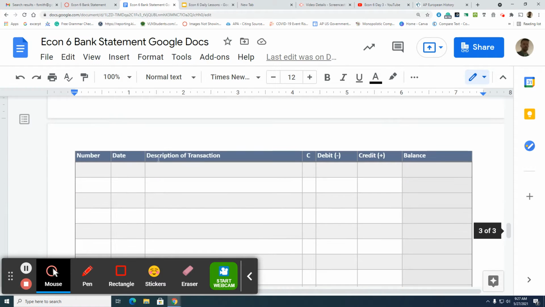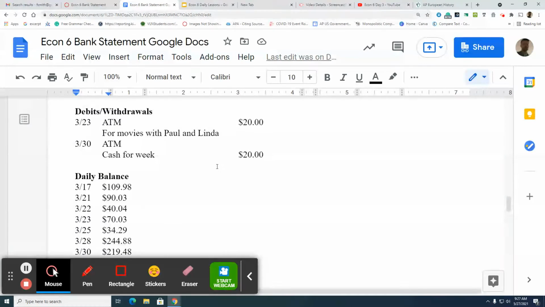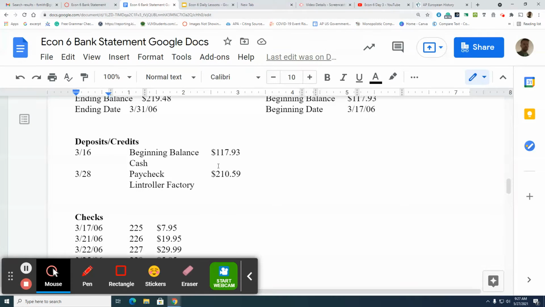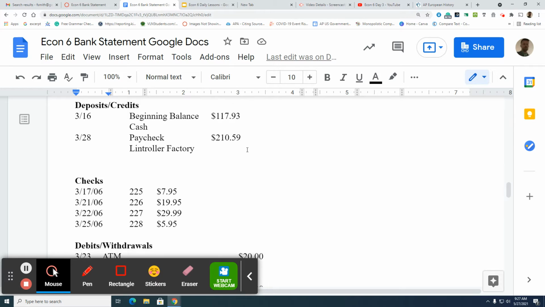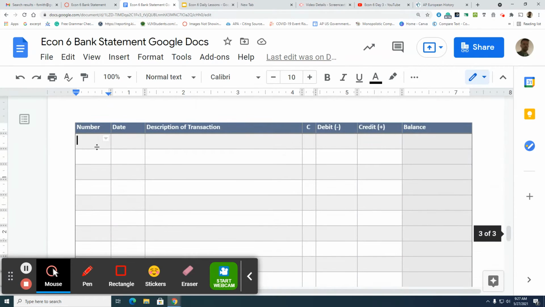So what you'll need to do is submit this check register, and you need to put them in chronological order. So you need to go back through and find which one is the first, and of course that is the beginning balance at $117.93. And so there is no check number. You put in DEP for deposit. That was $316.